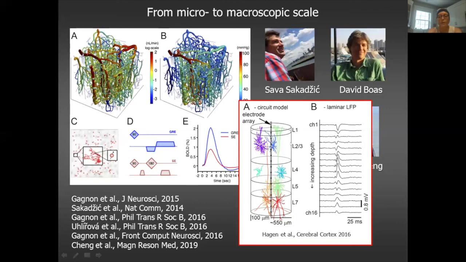And at the same time, if you know what are the vasoactive properties of those different types of neurons, you can also calculate, feed forward, what are the vascular diameter changes that this type of activity is going to evoke, and you can input it to here, and you can calculate your functional MRI.